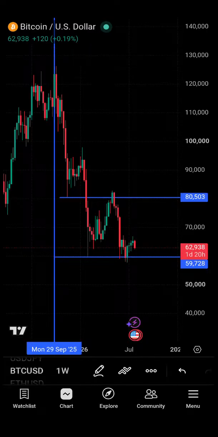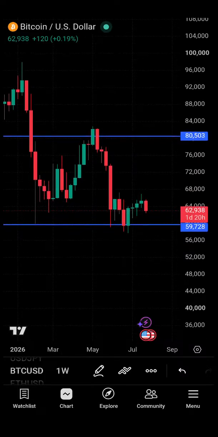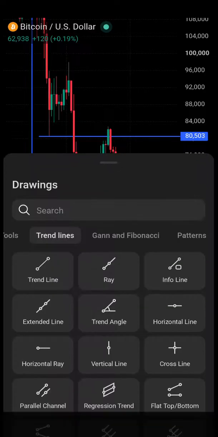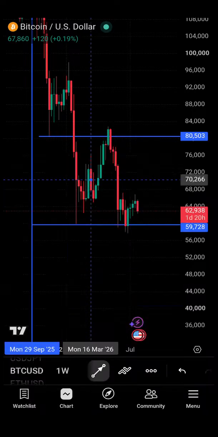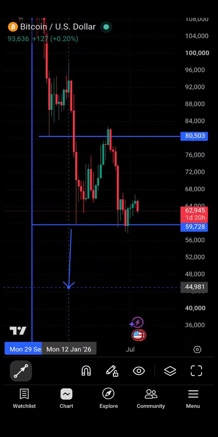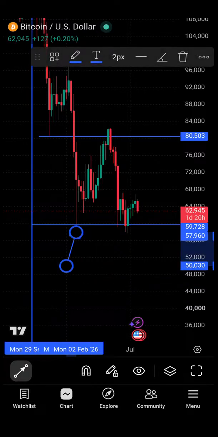If I can make my candlestick big so that you see what is happening around this area. Currently Bitcoin is holding above this area.